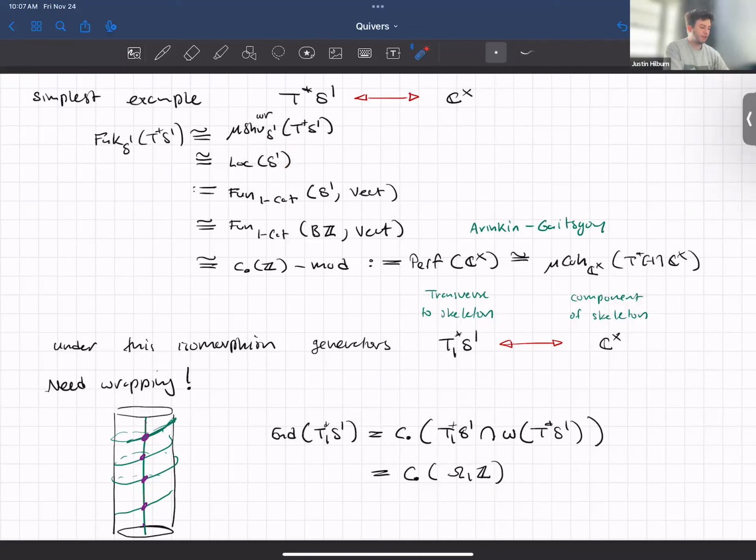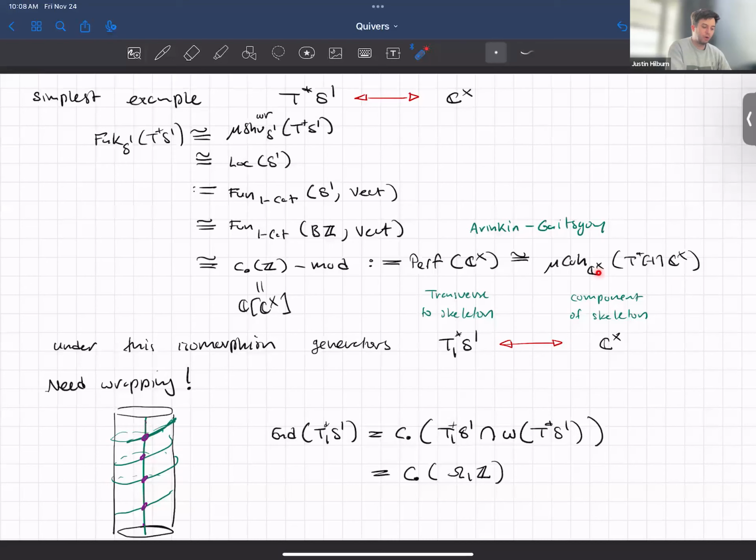And those things are just vector spaces with an action of the fundamental group, which in this case is Z. And since it's linear, you can linearize the fundamental group to just get the space of chains on Z. And that is exactly going to be functions on C*.